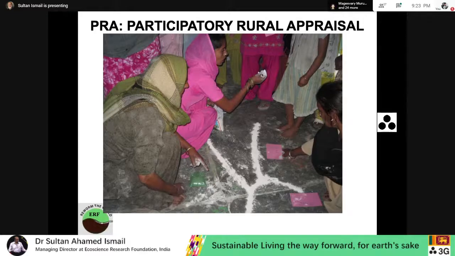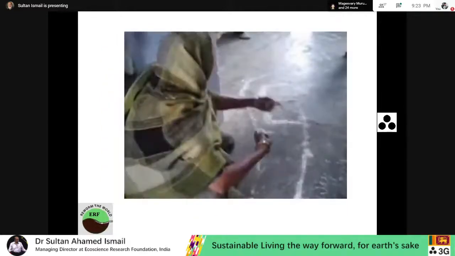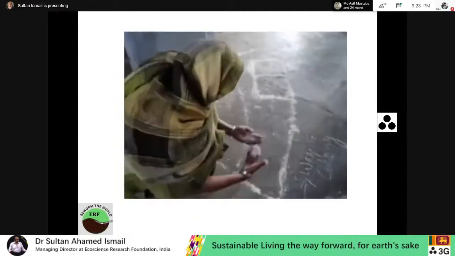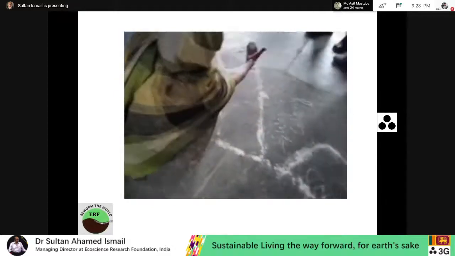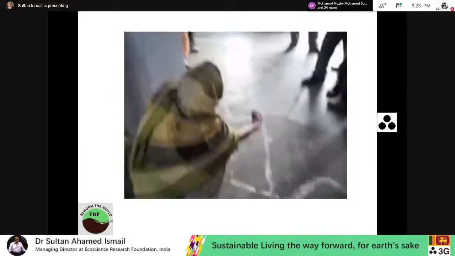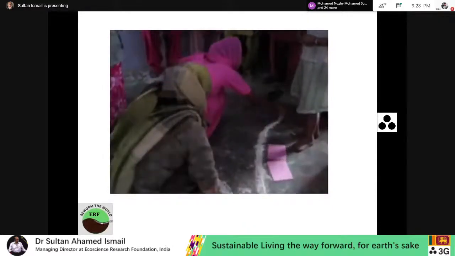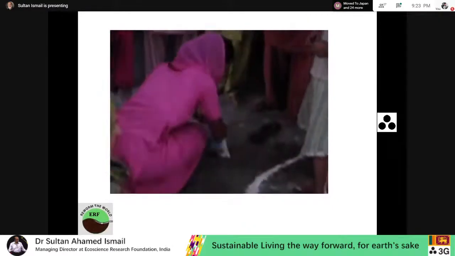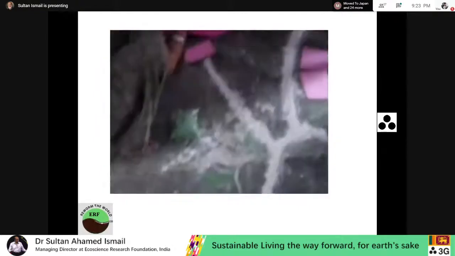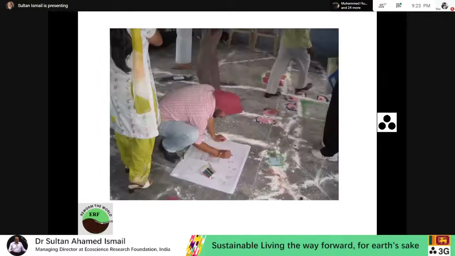In PRA, people draw the plan. People draw the roads. Then people mark their houses. After they do this, I ask the engineer to draw that plan and we work according to that, because all the government plans are old plans. So if you want to be successful as a 3G volunteer, you prepare your plans.